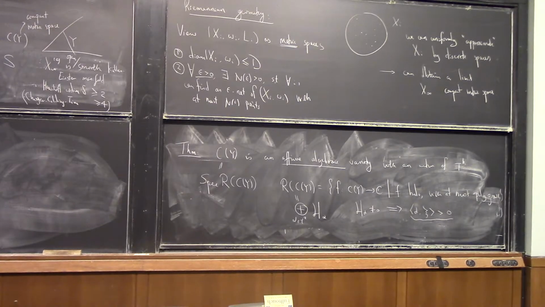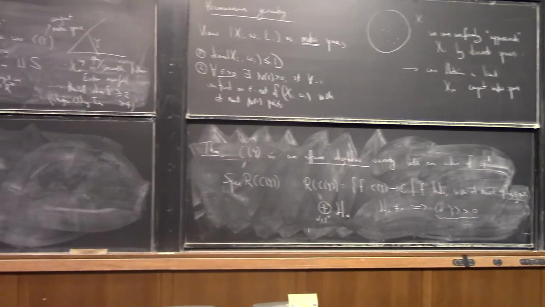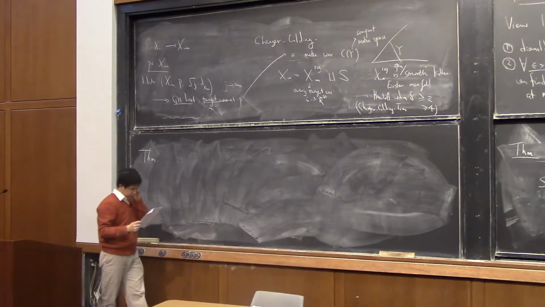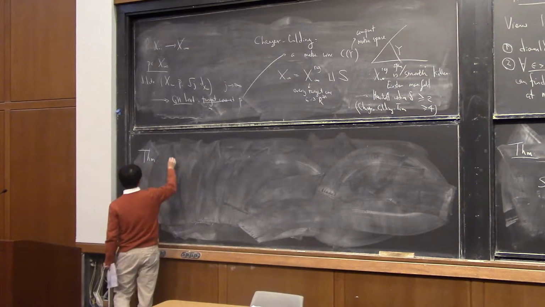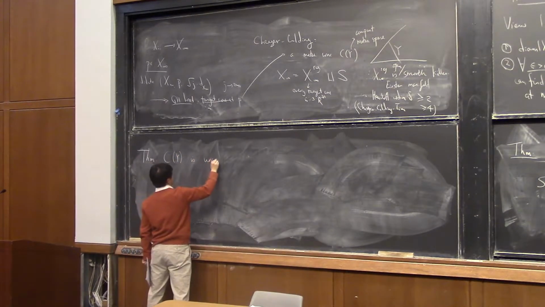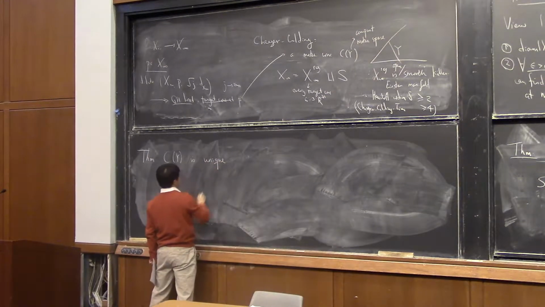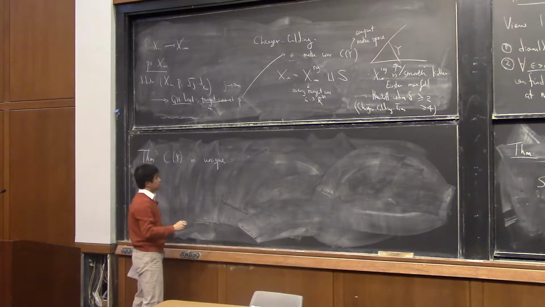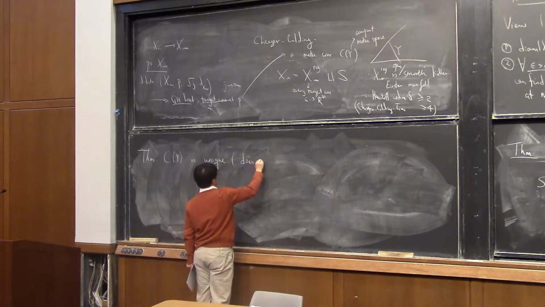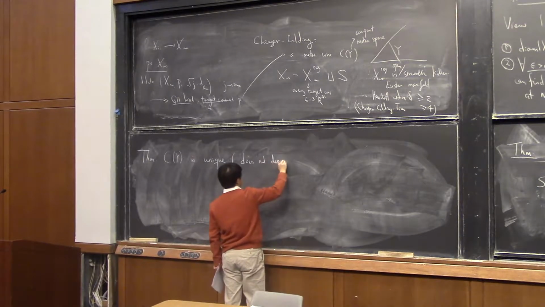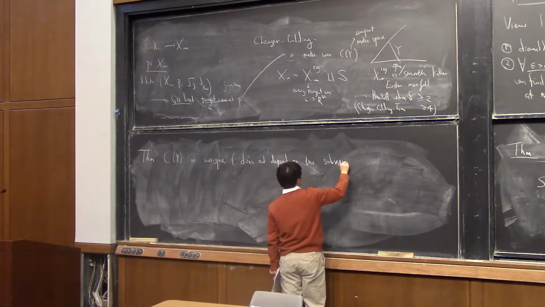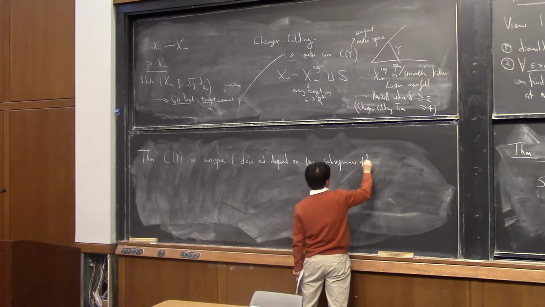So the first theorem. I state the theorem, but the proof is in a different order. So actually, the C_Y is unique. What I mean by unique is it does not depend on the subsequence of J's.